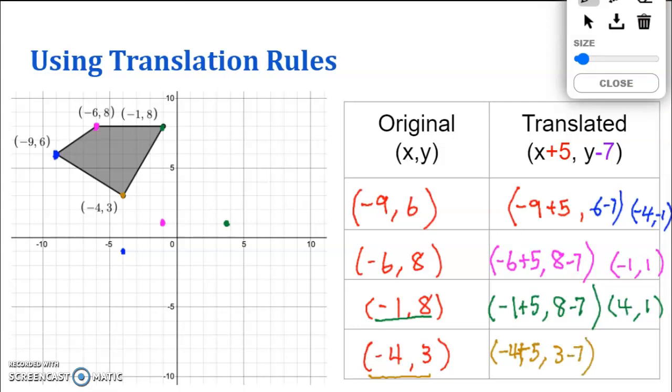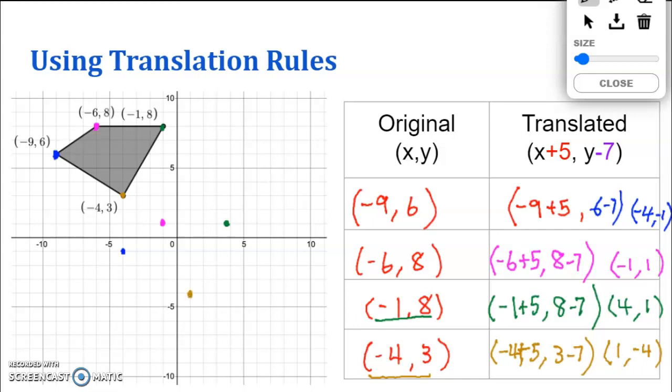That's what our rule is telling us to do. And so for each of the points, we're consistently adding 5 to the x, and for y we're consistently subtracting 7 from whatever the old value was. Negative 4 plus 5 is going to be 1. 3 minus 7 is negative 4. Okay, so it's going to be 1, comma negative 4. So 1, comma negative 4 is right here.